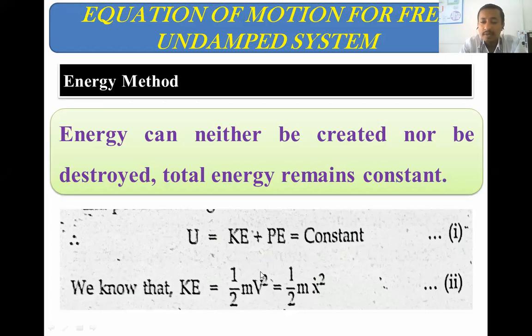The formula for kinetic energy is half m v square. Here v is x dot, since x is displacement and its derivative is velocity. So x dot square.